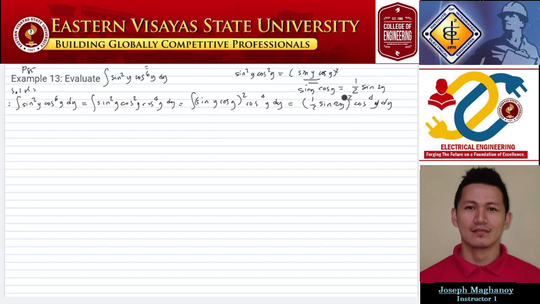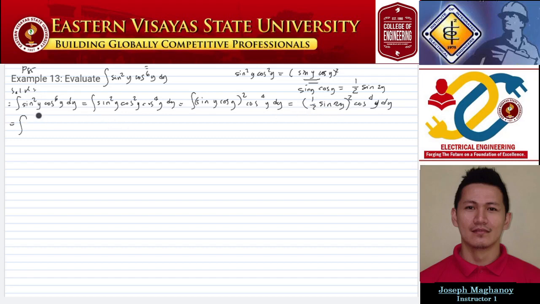Okay, so we apply our power. So distribute this power back inside the quantity. Okay, so integral, if we're going to apply our power here, 1/2 power of 2, that is 1/4. So sine 2y power of 2, that is sine squared 2y.